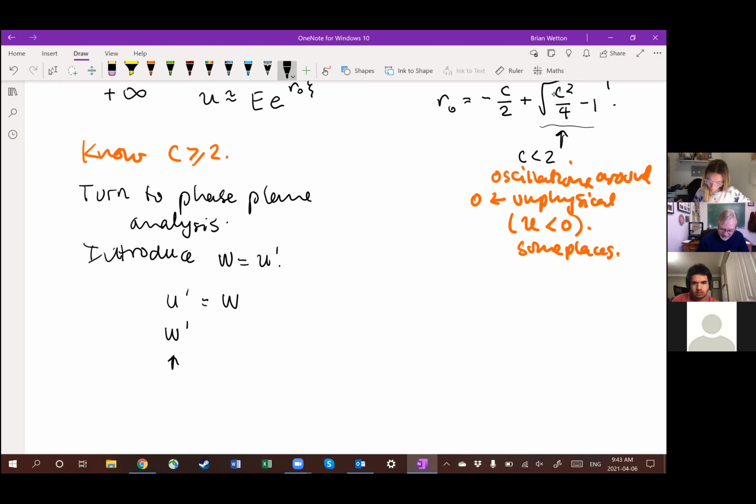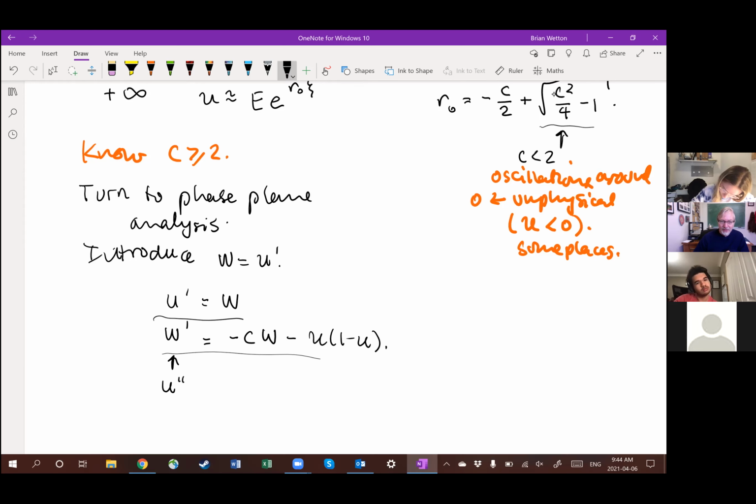My w prime, that's u double prime, that will be minus c times w minus u times 1 minus u. Right, so this thing is always the same if you've converted it from a second order equation to a first order system. And then this one will be the second order equation written as a first order system using w as the first derivative.